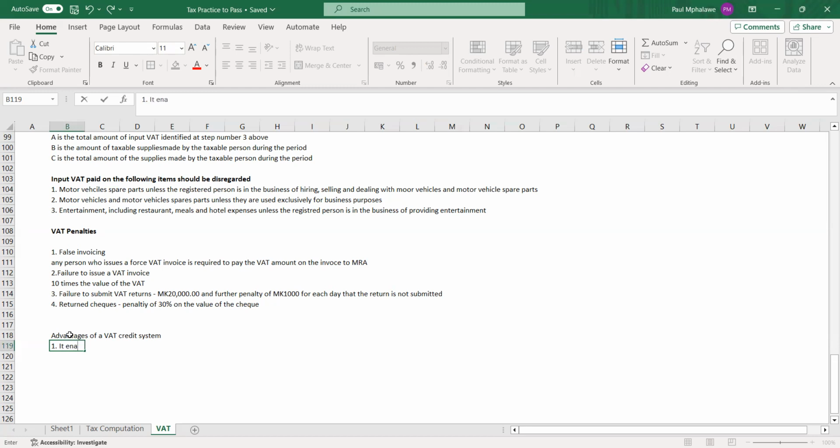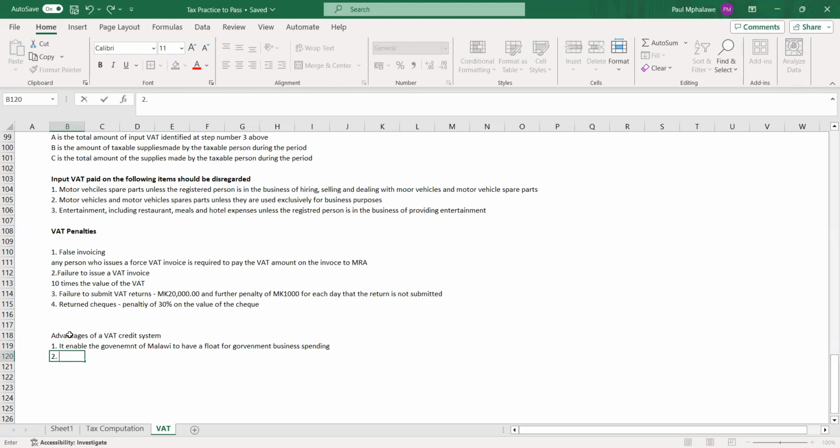It enables the government of Malawi to have a float for government business. Government spending, okay, or government business.